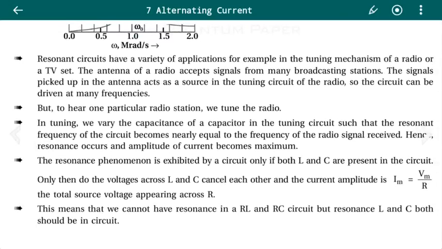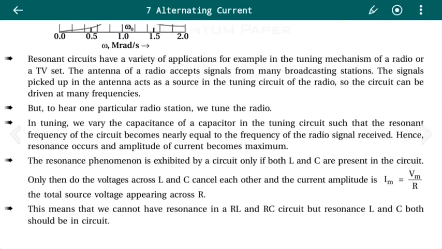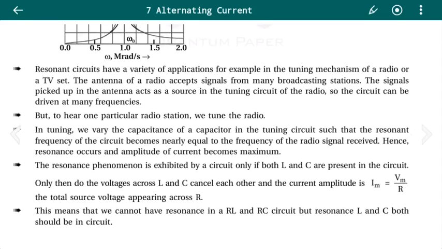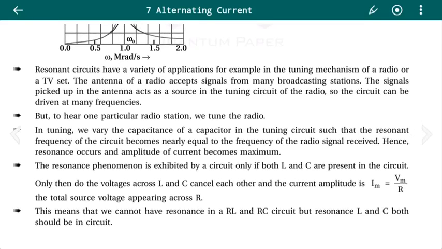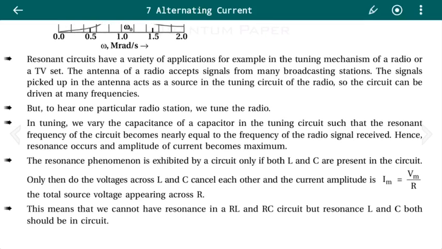Only then do the voltages across L and C cancel each other, and the current amplitude is Im equals Vm by R, the total source voltage appearing across R. This means that we cannot have resonance in an RL and RC circuit, but L and C both should be in the circuit. So to satisfy the resonance condition, one should use the LC circuit.